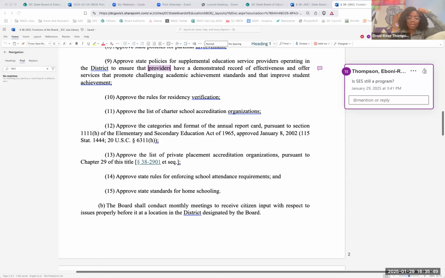I haven't looked at ESSA in some time, but this clearly was written to reflect the responsibilities that state boards should have during NCLB. And I don't know if anyone ever looked again. And so if there are things that are missing or should have been added, that would be my curiosity.